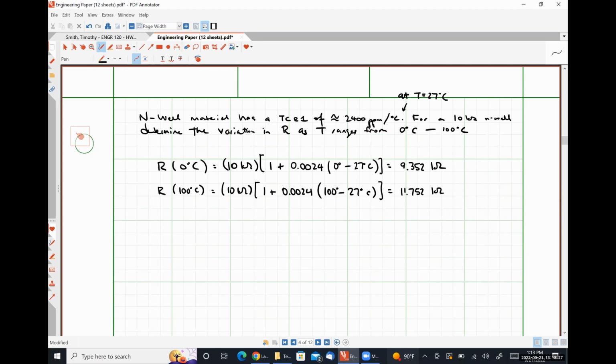Typically speaking, you probably wouldn't try to operate modern electronics as low as freezing or as high as the boiling point of water, but as any of us who play video games know, there's definitely been times we've got our video card pushing that 100 degrees C mark, as opposed to operating it at room temperature where we would like it to be, or cooling it even lower than that using some sort of liquid cooling. So we can see a relatively large amount of variance in this particular resistance.